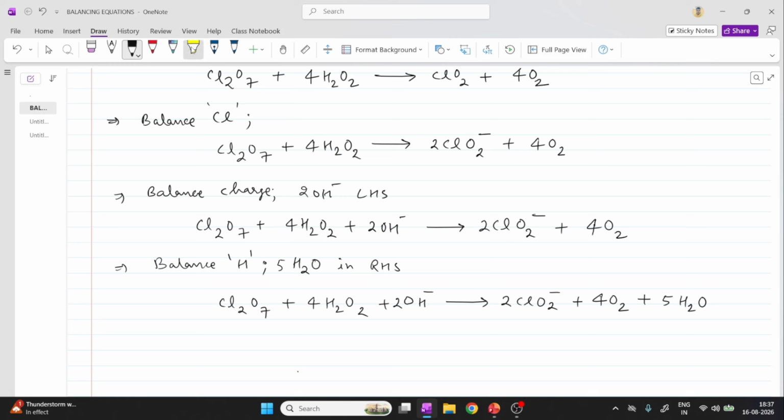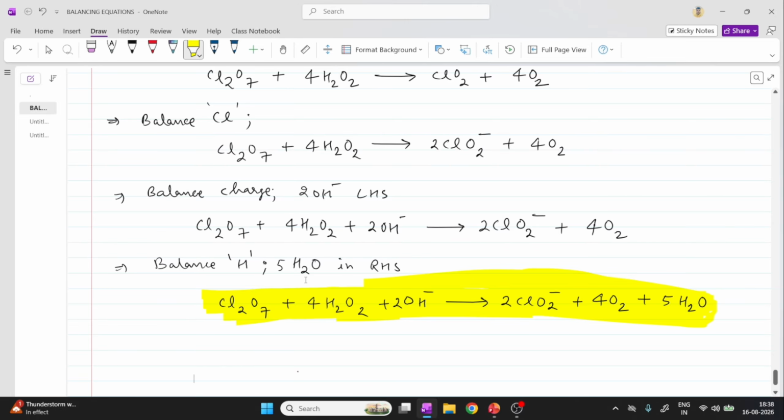But importantly, I'm highlighting this equation because I have to compare it with the other method also. Let us use the second method, which is the ion electron method, on the same equation and see whether we are getting the same outcome or not.